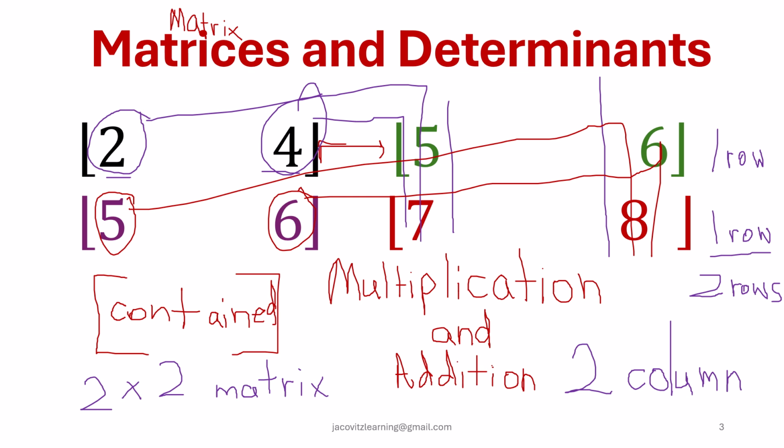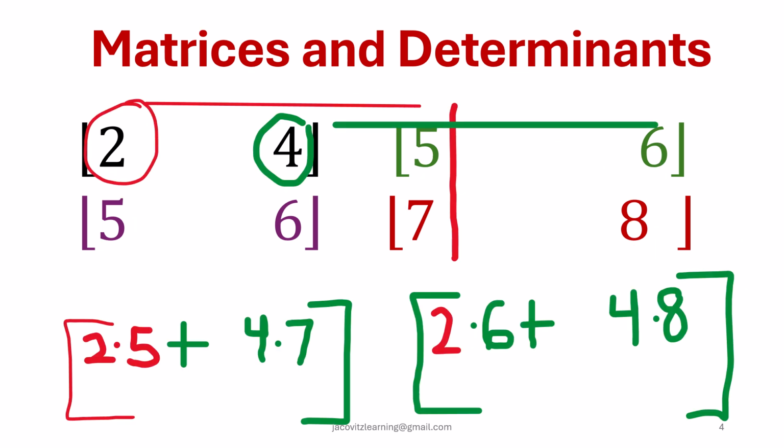But here's the tricky part. This looks like a mess. Here's what you have to remember. When you get ready to go, you go 2 times 5. So you take this column, and you go 2 times 5. Then you do this, because you're contained in a matrix, and you go 4 times 7.